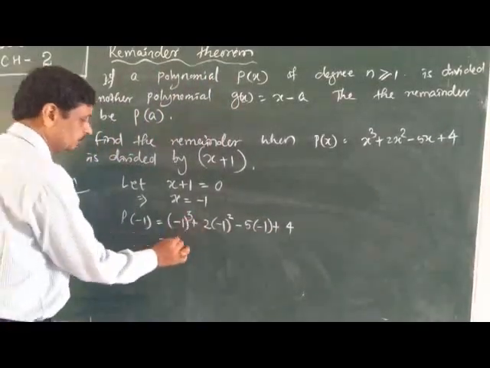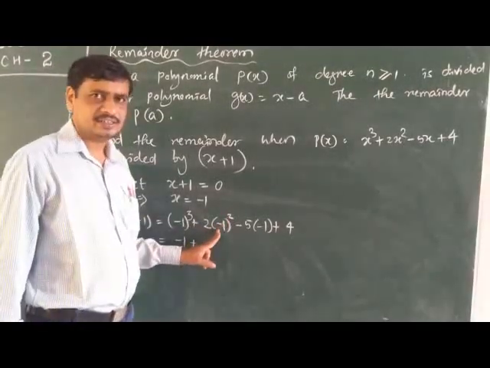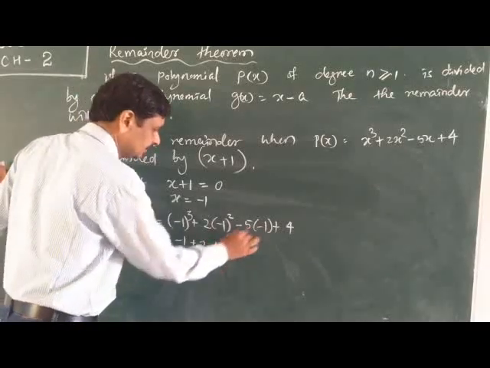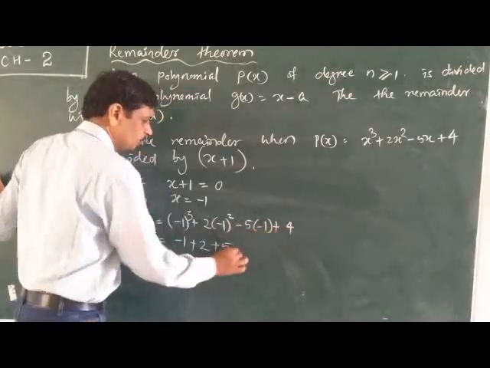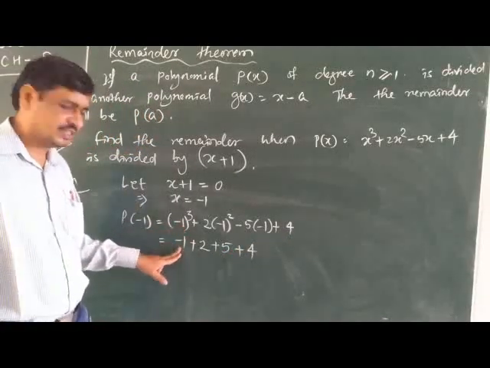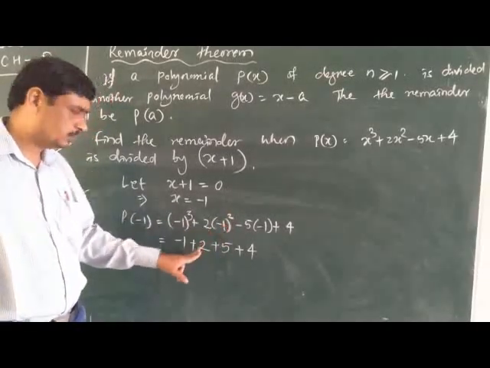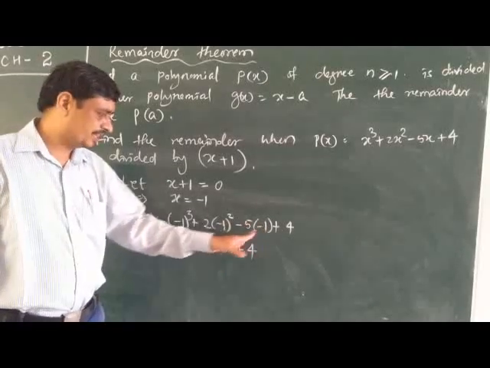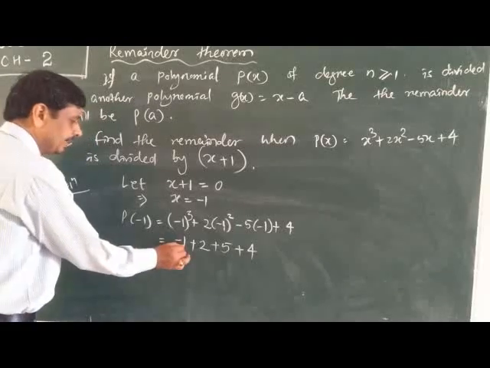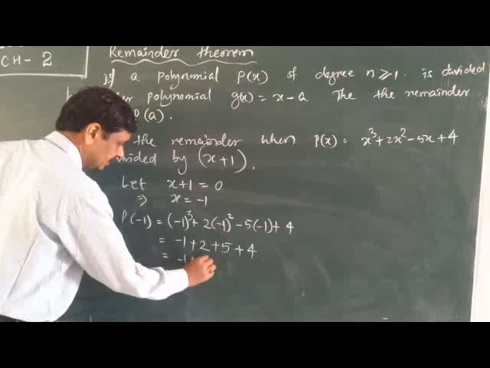Now minus 1 whole cube becomes minus 1, minus 1 square is plus 1, into 2 is 2, minus 5 into minus 1 is plus 5, plus 4. Here we obtain minus 1 plus 2 plus 5 plus 4, which is 11.